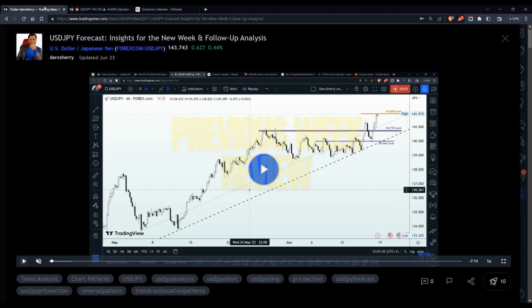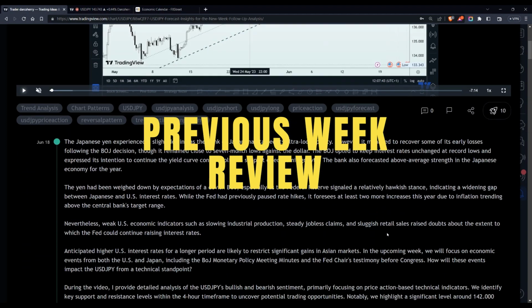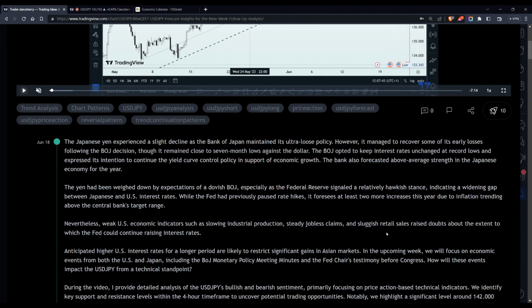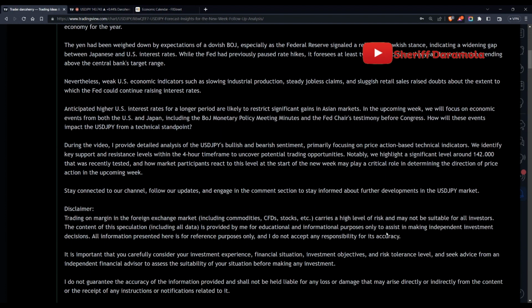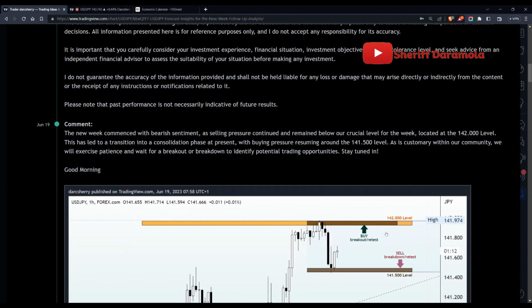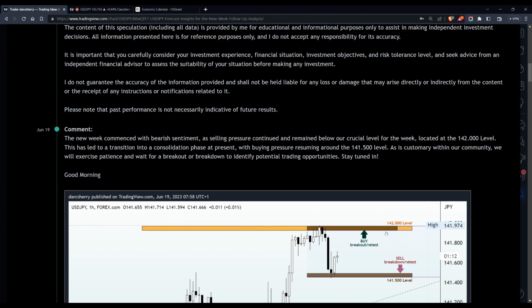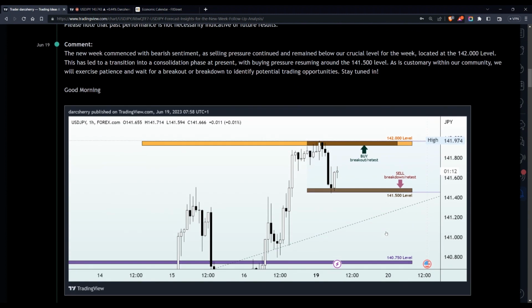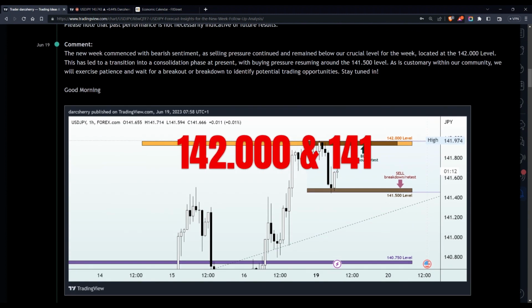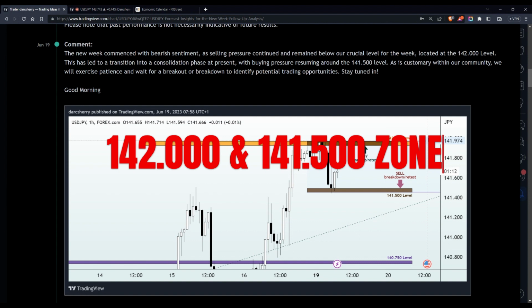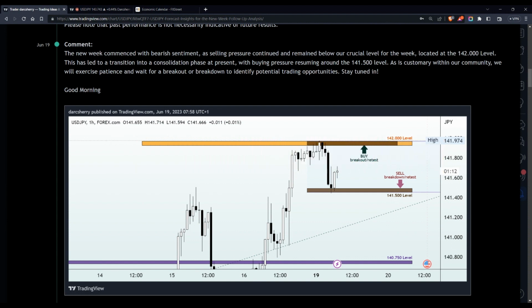And talking about last week's trading session, we did have a very indecisive phase which lasted about 3.5 days of the previous week, as we saw how price action continues to range within the 142.00 level and the 141.500 area for over 96 hours before we began to see some traction.